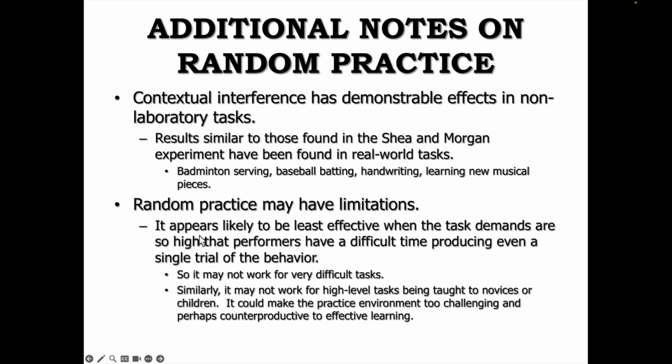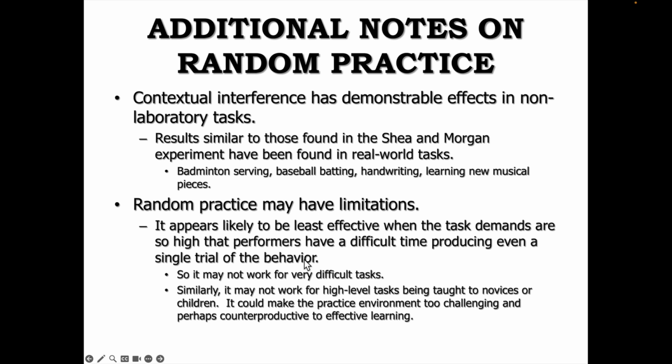It appears that random practice is going to be least effective when the task demands are so high that the performers have a difficult time producing even a single successful trial of the behavior.